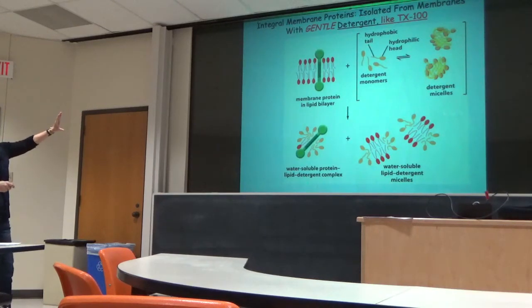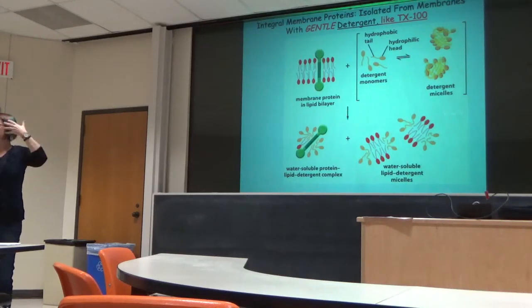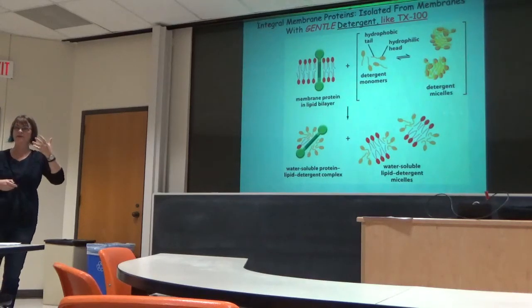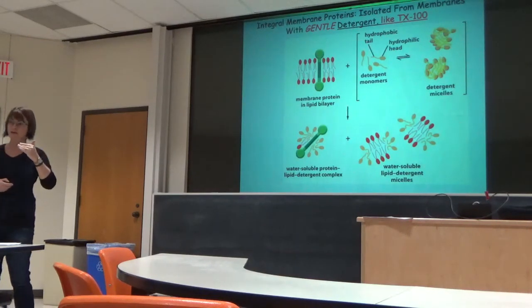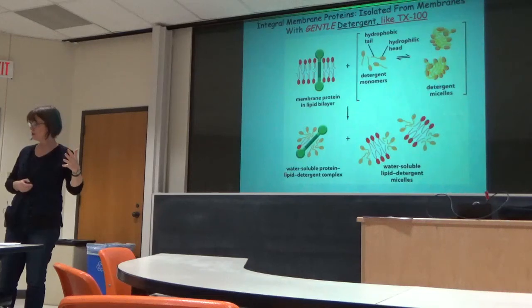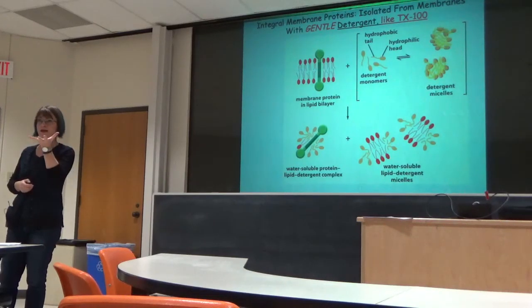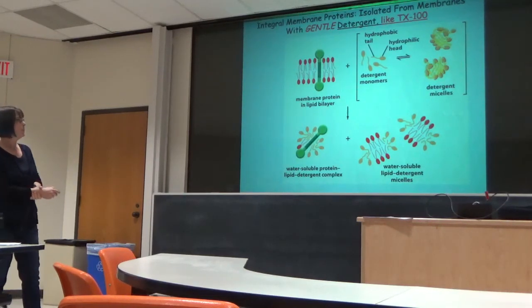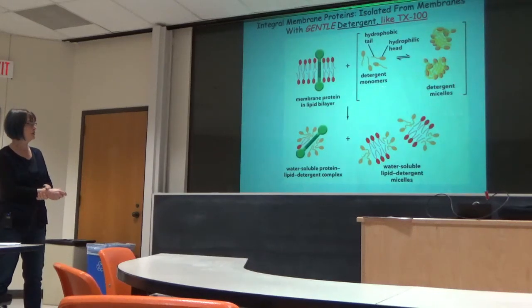In this diagram, we have a bilayer with the membrane protein in it. This has been prepared from a cell through centrifugation, the cell fractionation we talked about. So we have this membrane pellet, and we add to it detergent.